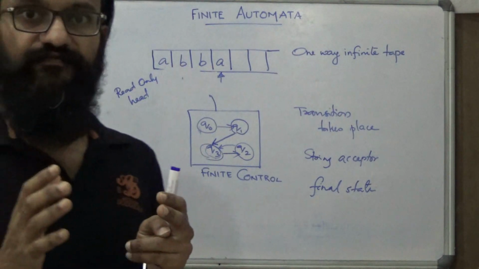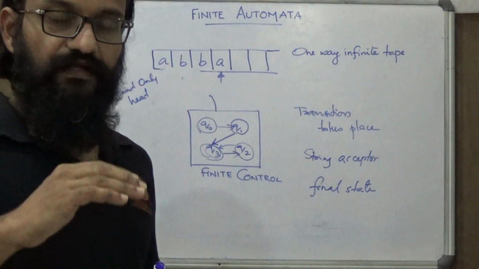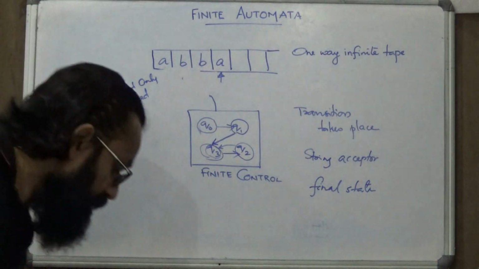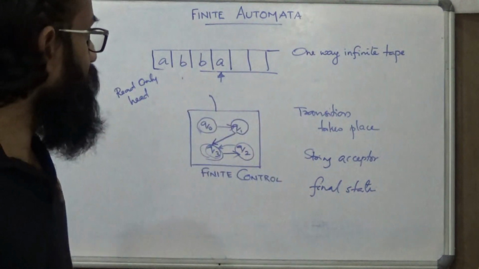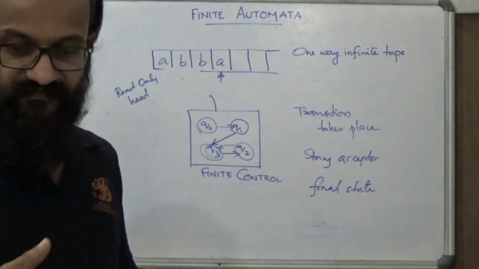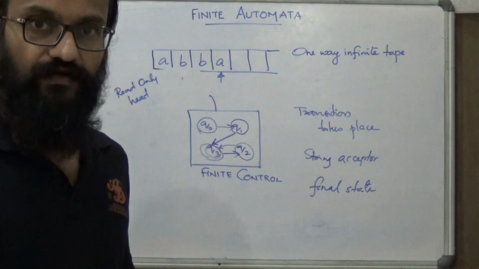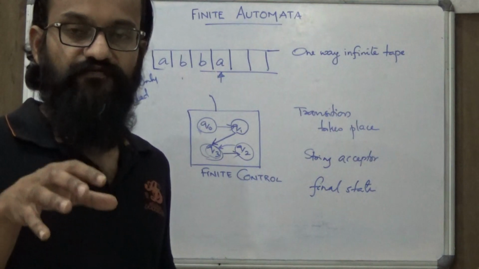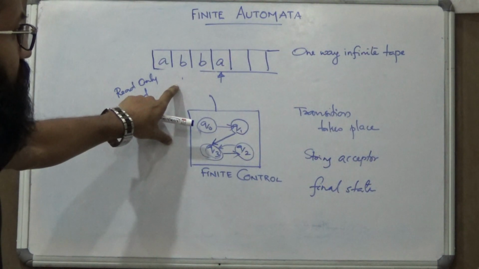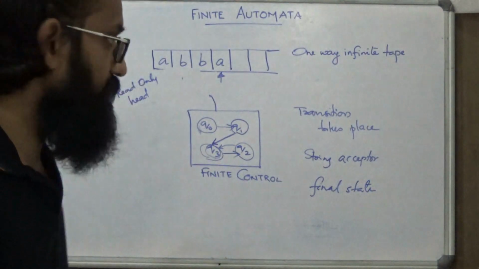So before consuming the input string, the machine will be in the starting state. So this is the schematic diagram of finite automata, and finite automata get classified into deterministic finite automata and non-deterministic finite automata. In this lecture, we are focusing on deterministic finite automata, and based on this schematic diagram, let us formally represent this finite automata.